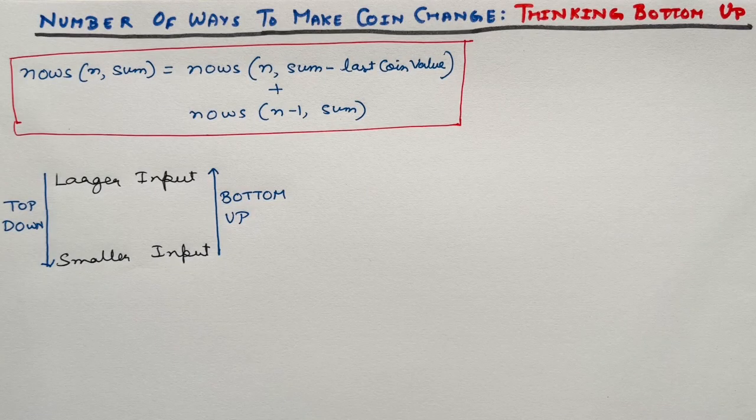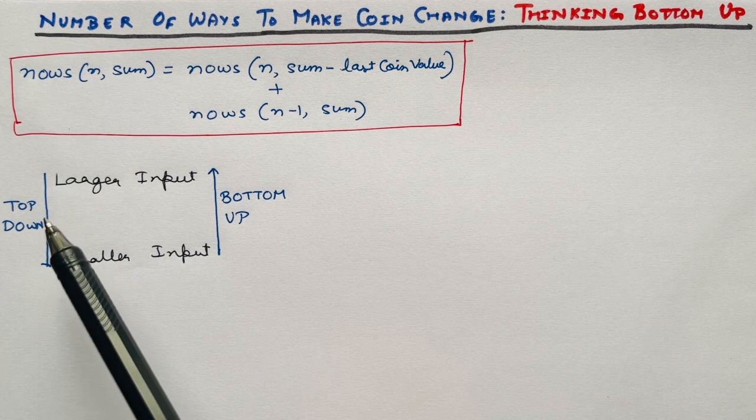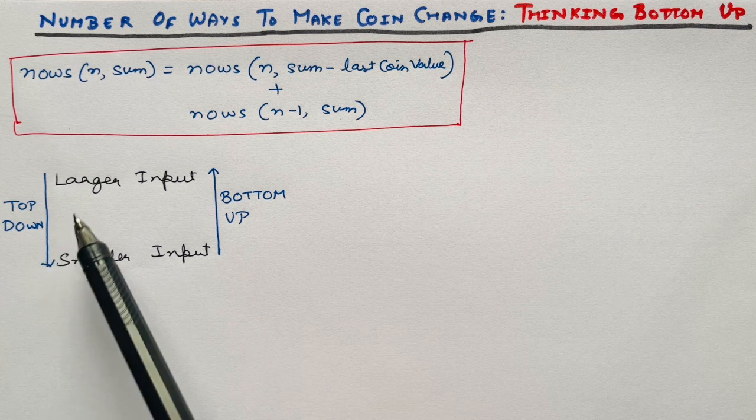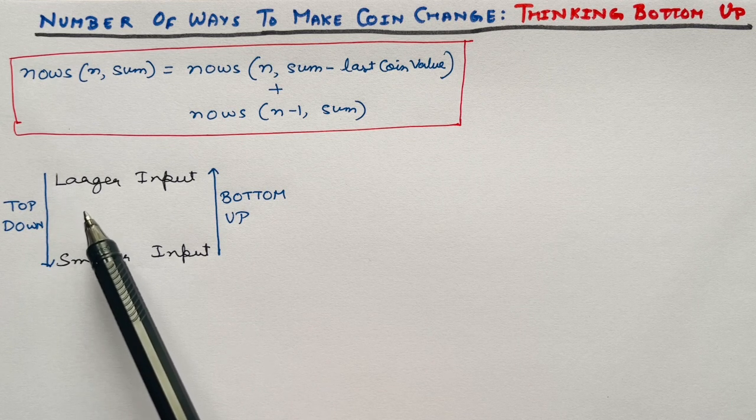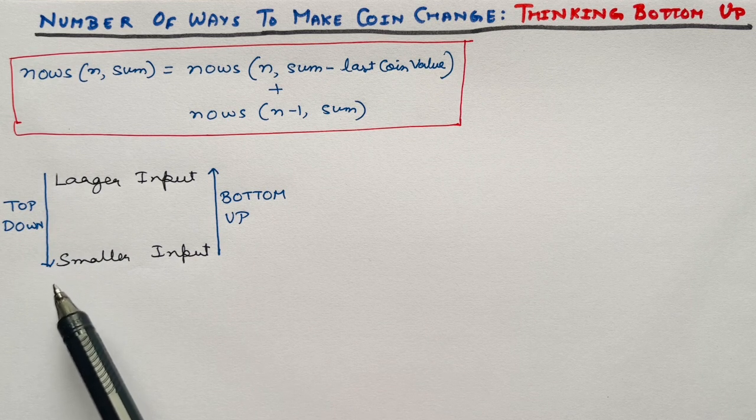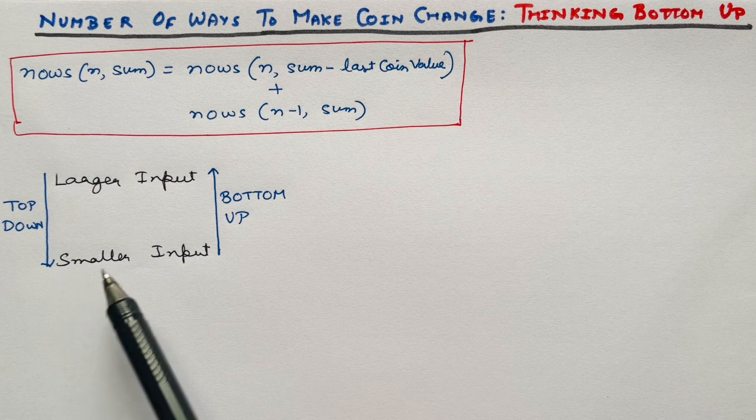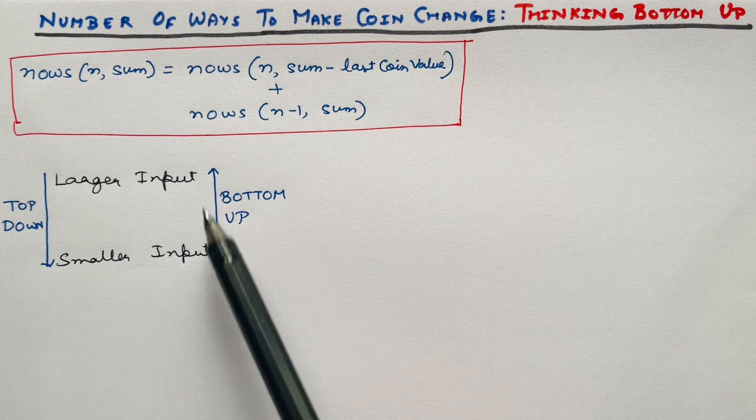Let's start thinking about the bottom-up approach. Now, what do we mean by bottom-up approach? In the top-down dynamic programming approach, we started with larger input and gradually moved down to our smallest inputs, which were our base conditions. In the bottom-up approach, we move in the reverse direction.